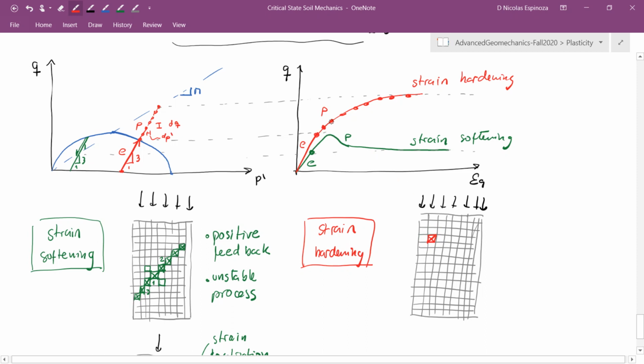And as it gets stronger, this material is going to have no problem taking that stress, but not only that, it is going to get stronger, and since it doesn't have a problem taking more load, some other material next in the rock is going to go into failure. So if number one goes into failure, it doesn't mean that this is going to load the neighbors with more load. It's just going to take it.